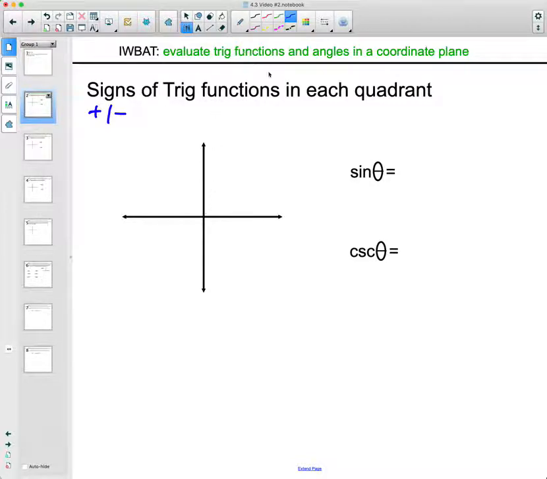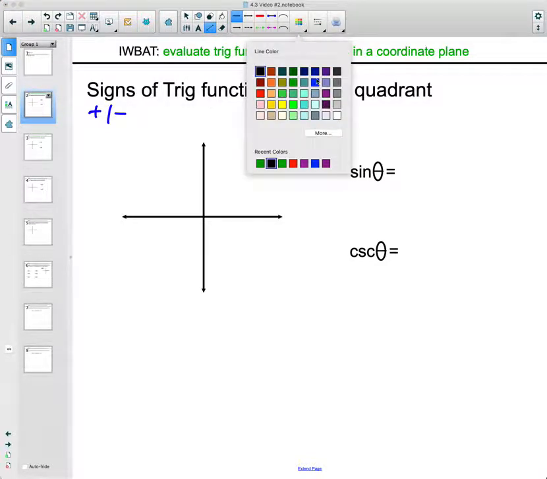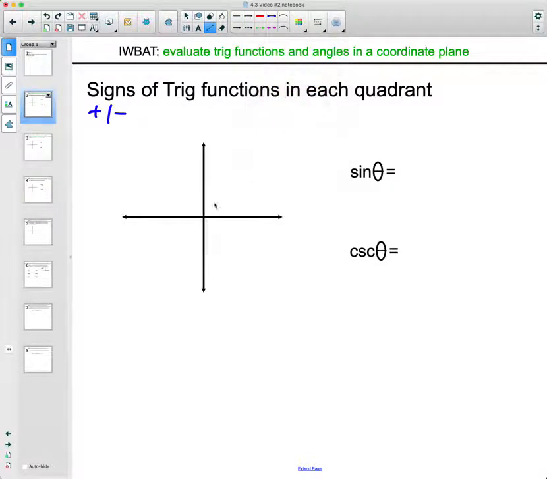So with reference angles, if this were your angle, then your reference triangle is going to be drawn here, and this is where you're going to get all of the trig functions.